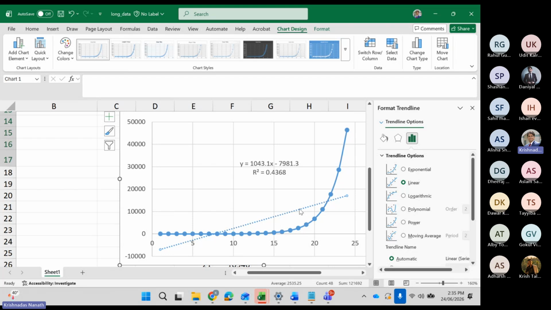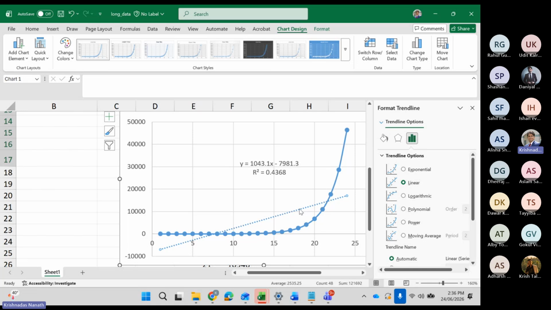Till 0.85, 0.8, above 80% is a trustable trend line. Below 80%, I will be doubtful. Below 70, 60%, I will not even consider because there's so much difference between trend line and actual data. How do I trust the equation for any kind of predictions, any kind of forecasting? I would never ever do that. Which means this equation is out of the picture straight away. I'm not going to use this equation for anything.